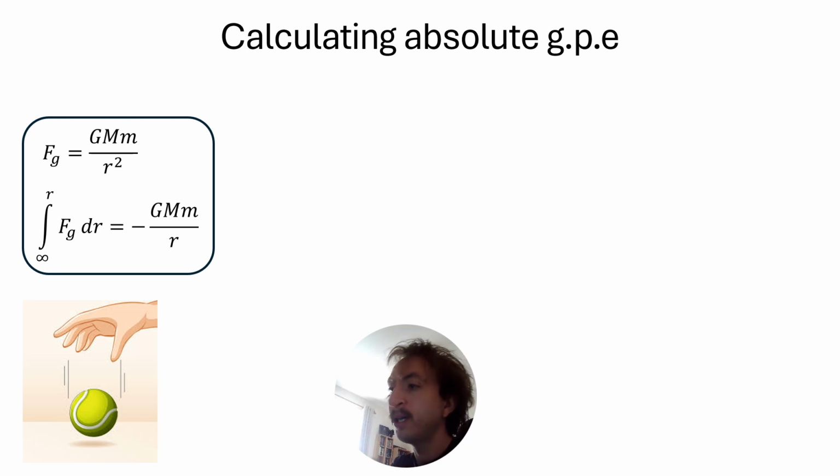As an object moves towards a planet, it's going to accelerate and move faster. The gravitational force will be increasing its kinetic energy, because the object is essentially falling. But if the kinetic energy increases, then to conserve the total energy, the potential energy must decrease.